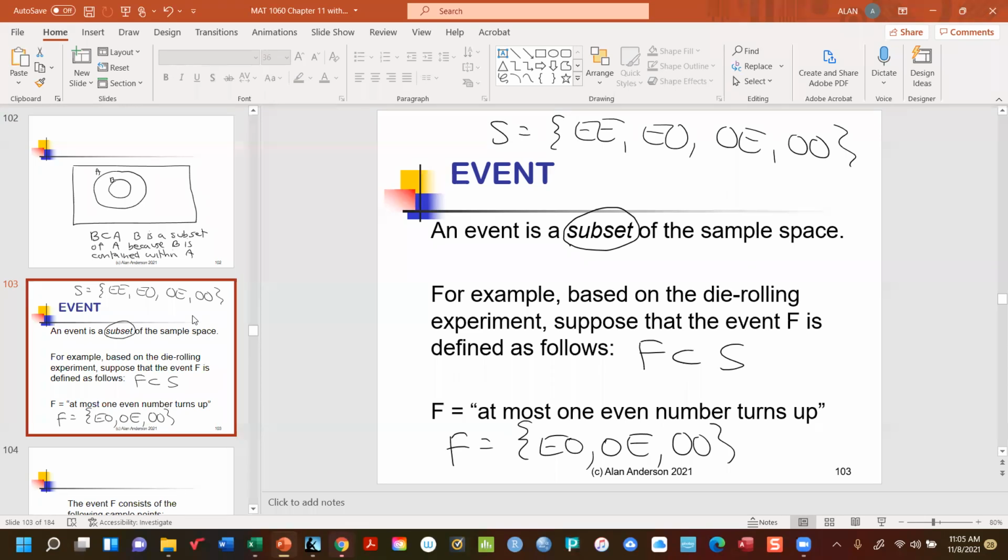How would that work? Now, remember, we mentioned earlier there's actually a couple ways we can do this. We mentioned earlier that each of these outcomes in the sample space is equally likely to occur. So here's what we can do.